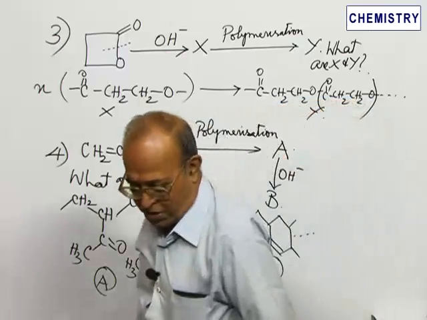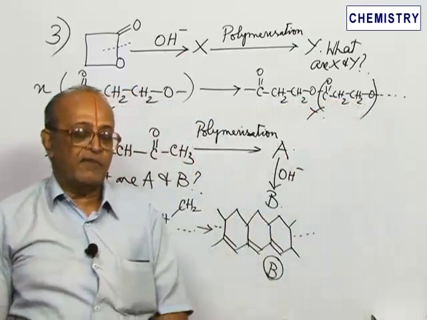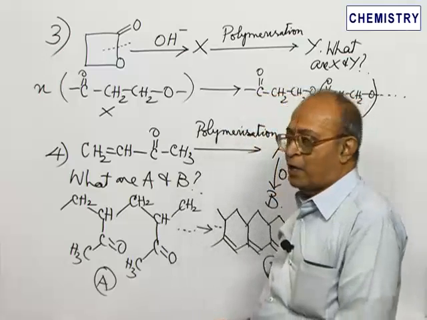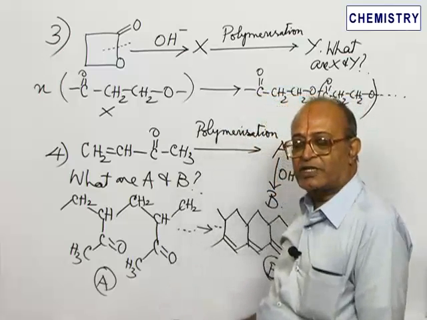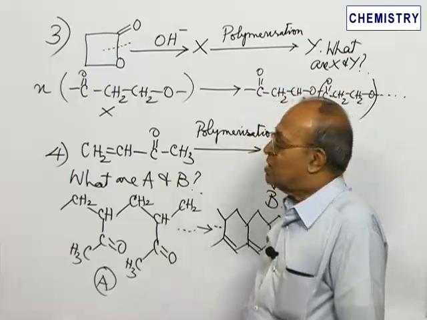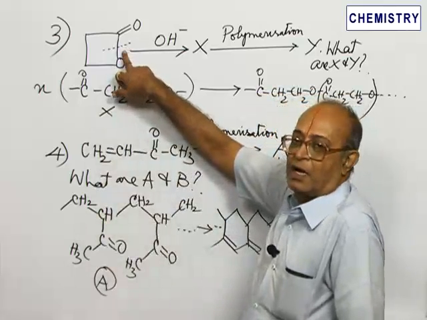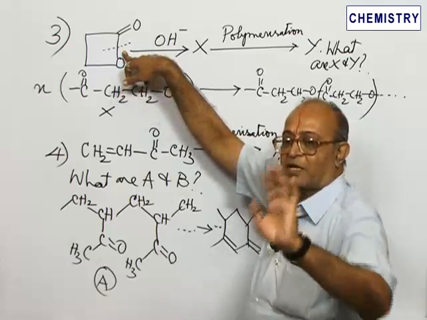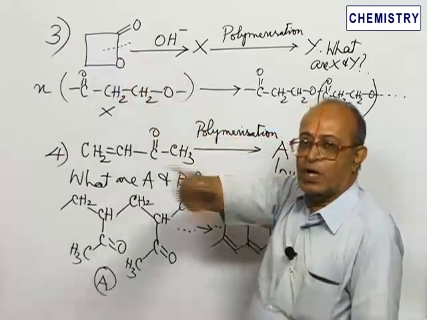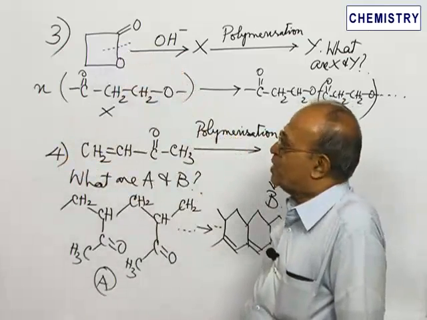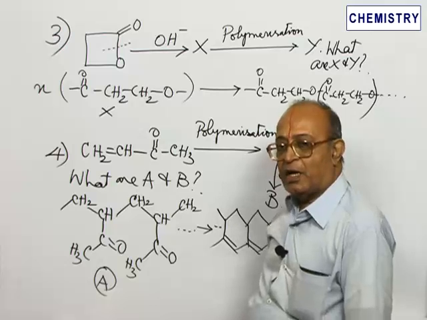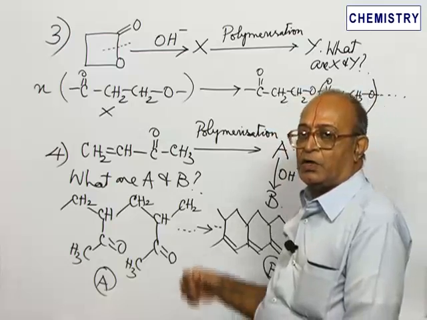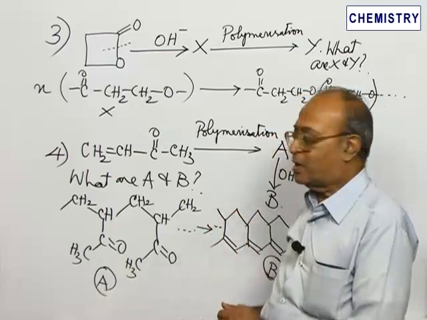Now, in questions of this type, we notice 2 points. One is, if you consider a ring structure, this may undergo rupture at a particular point. Because of this, the ring structure is converted into a linear species, which, acting as a monomer, will undergo polymerization to give the corresponding polymer.